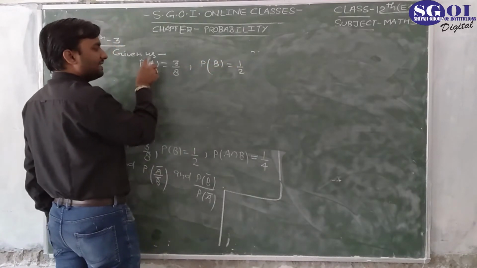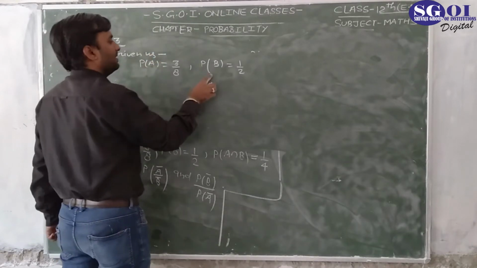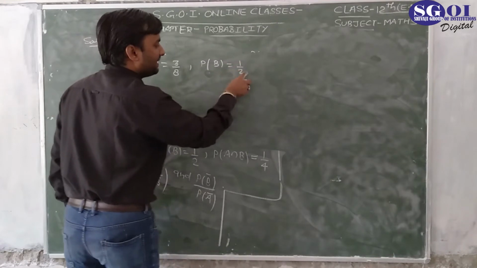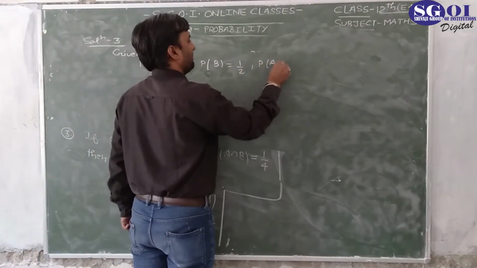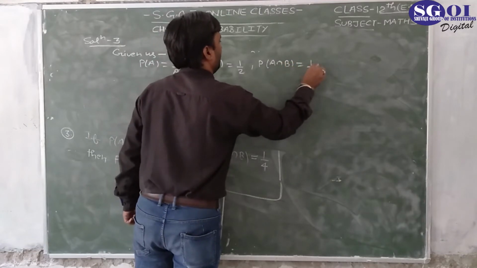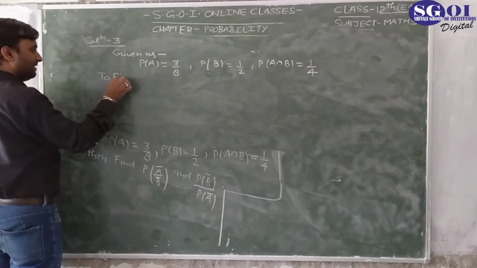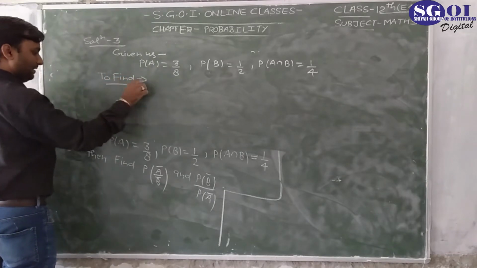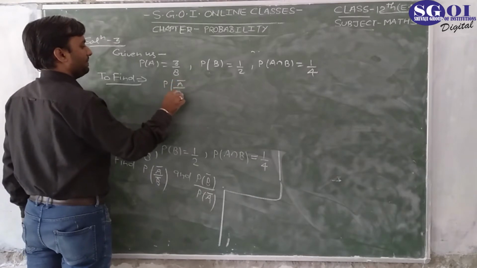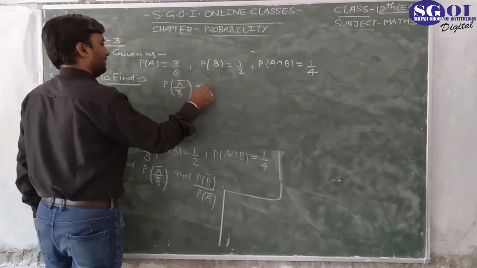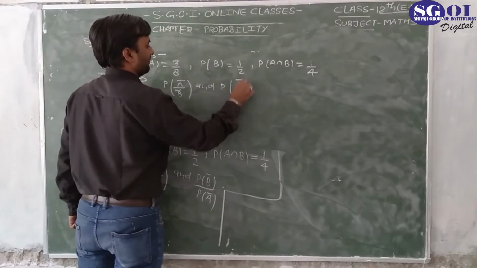If there is A bar, then we will write it as probability of A not happening. Probability of B happening is equal to 1 by 2 and probability of A intersection B is equal to 1 by 4. Then we have to find probability of A bar upon B bar and probability of B bar by A bar.